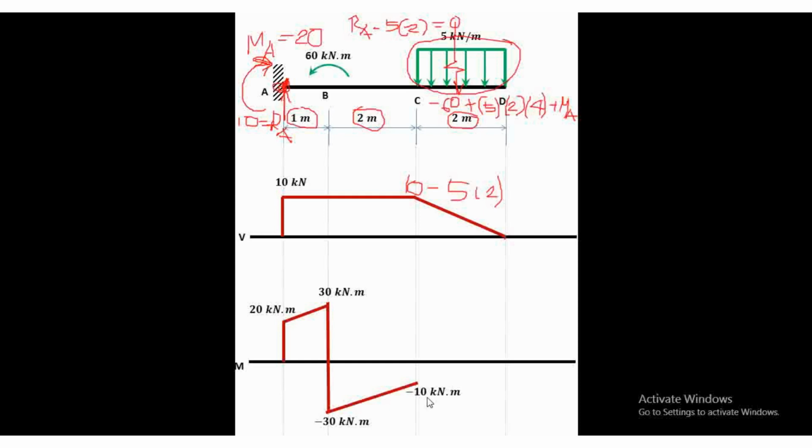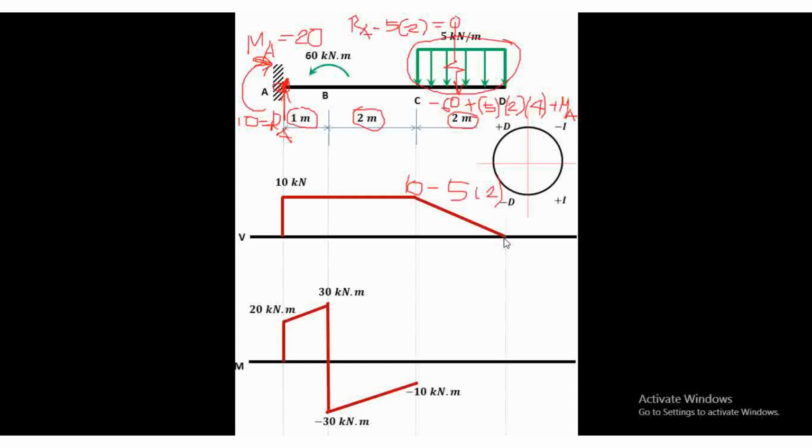Negative 10. Nasa taas to. So, negative 10 plus the area of this triangle, that is equal to 0. So, dapat mag-0 na ako dito. Pero ano yung magiging itsura ng curve ko from C to D? This time, kailangan ko ulit itong diagram na to. Mapapansin ninyo kay shear diagram, nag-start siya from 10, then 0.